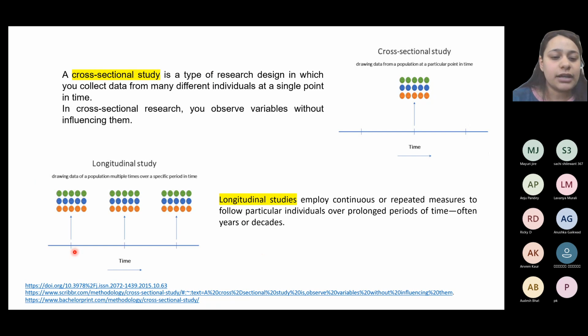Over here, if this is the time axis, then at various time points these particular individuals will be studied, and data will be collected from them over maybe years or decades, or maybe just weeks or months, but over different time points. Such a study is known as a longitudinal study, and it is clearly different from a cross-sectional study, which is just a snapshot of a particular time point.